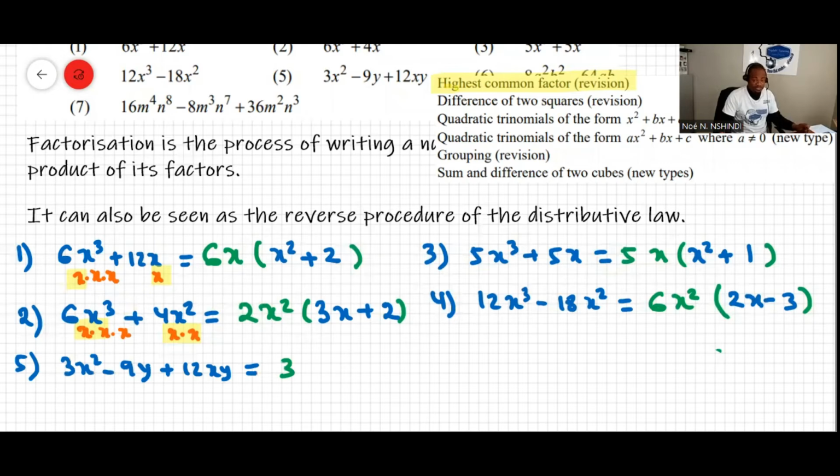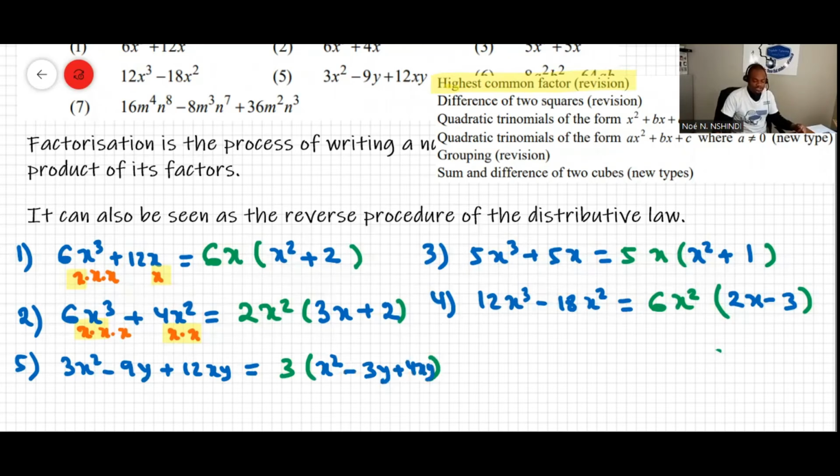Because x is not in the middle term, I cannot take x as a common factor. The last 2 terms have y, but the first term does not have y, so I cannot take y either because it's not common. It would be common if it was in all the terms. So it's just going to be 3 outside the bracket, and inside I put x squared minus 3y plus 4xy.